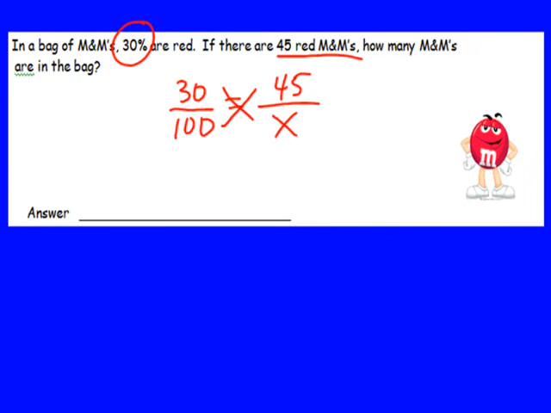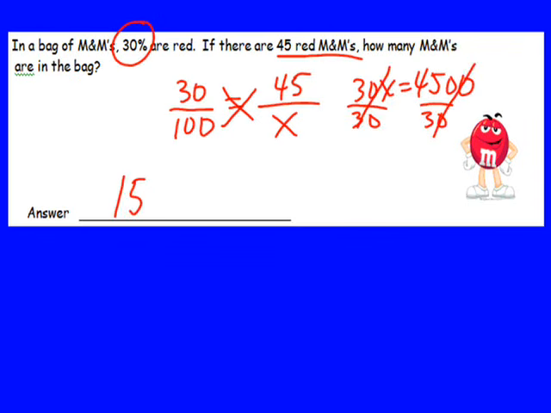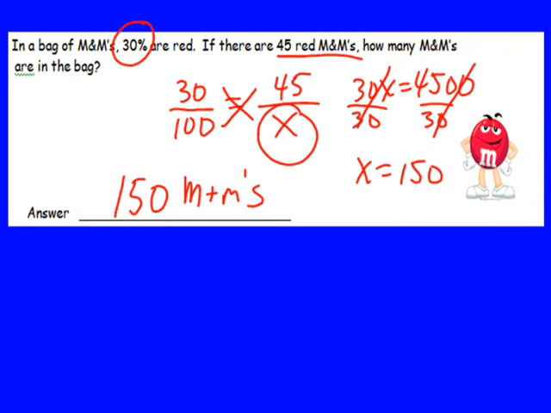So I'm going to cross multiply. 30x equals 4,500. Nice, easy, one step. X would be 150. There are 150 M&Ms in the bag. So that's how you find the whole given the percent and the part.